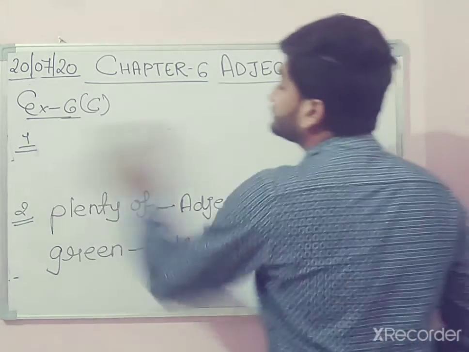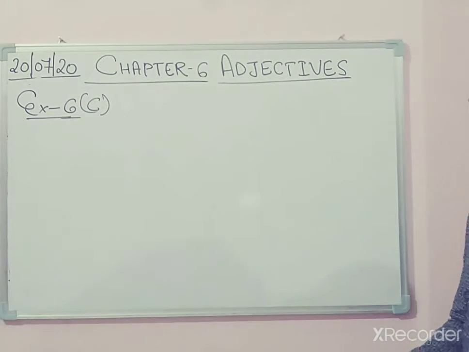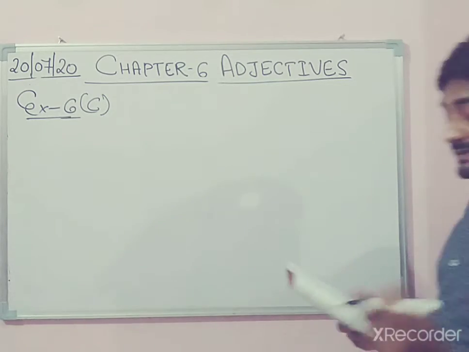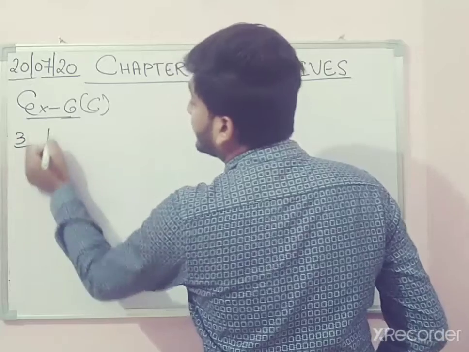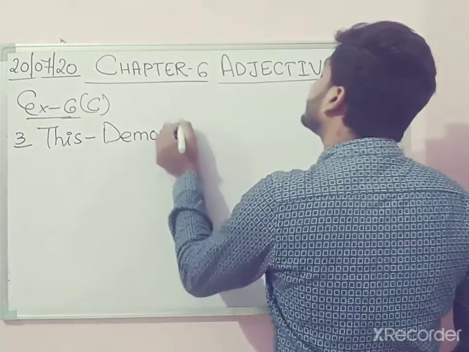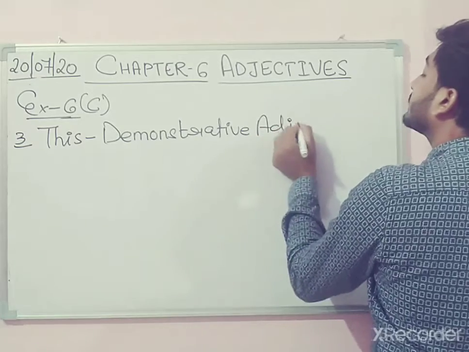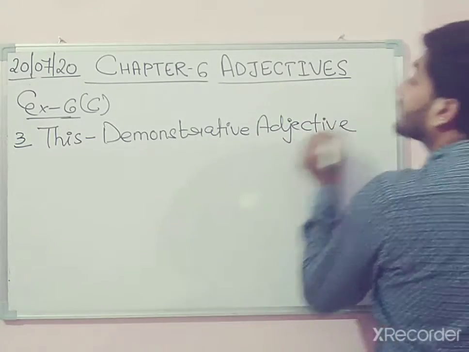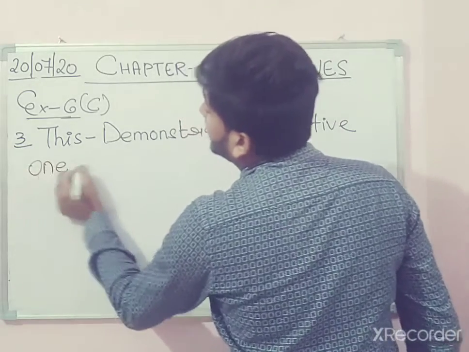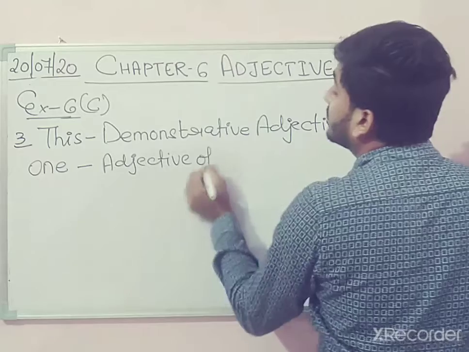Number 3. This old man had enough food for his family. This old man, that's means we are pointing out. This means we are pointing, that's means demonstrative. Demonstrative adjective. And old man. What kind? Old. That's mean adjective of quality.